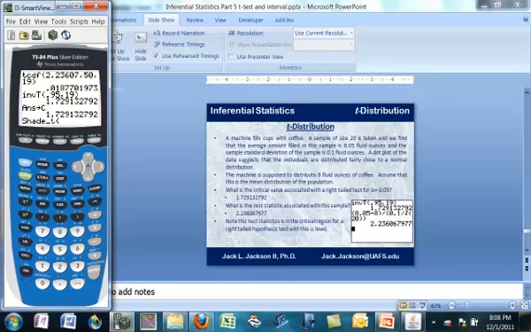I'm going to shade it from that critical value, which was C, or I could just say previous answer here, comma, and go to infinity, so we'll just say 50, and then the degrees of freedom again, which is 19. This should shade the alpha value. So this area here is the alpha, and the boundary of this is the t value of 1.72913.